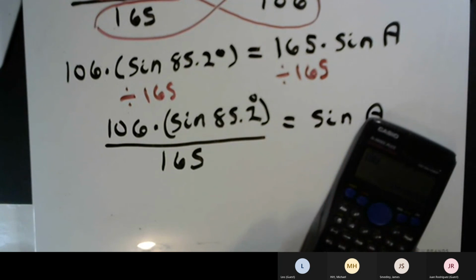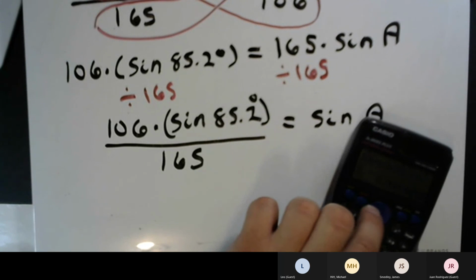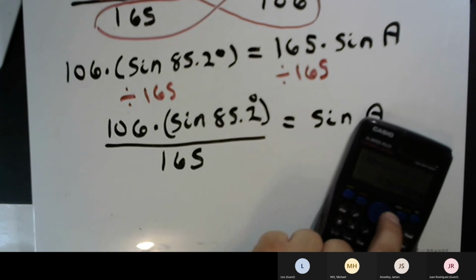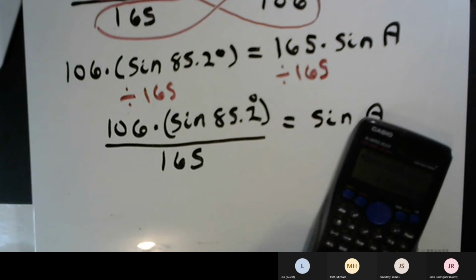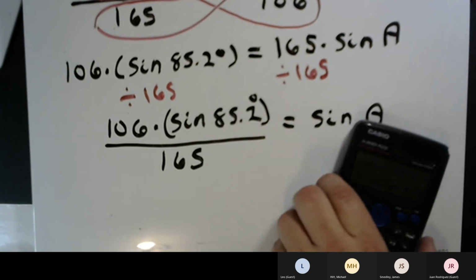So 106 times sine 85.2. Put in my parentheses, make sure this is a full unit. Divide that whole top part by 165. Now we still want to use the full number here.